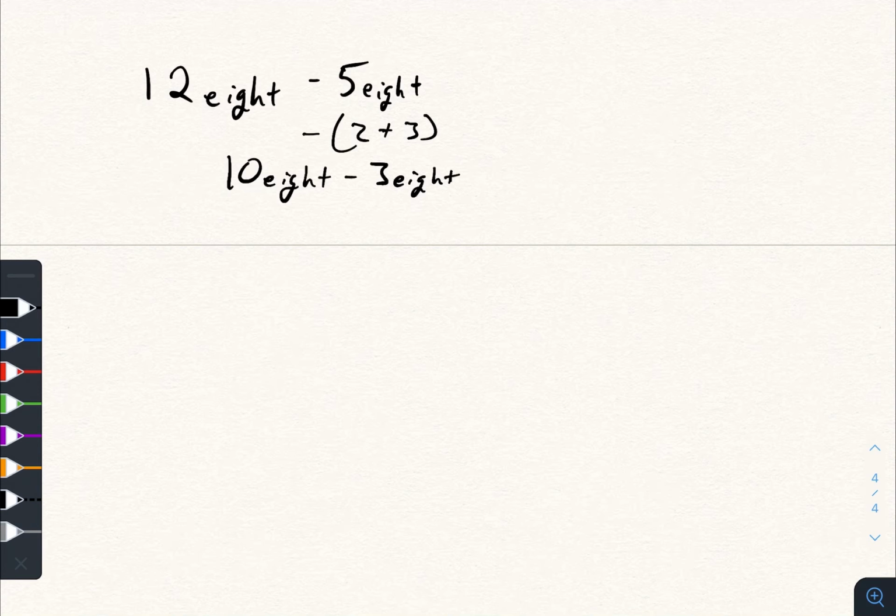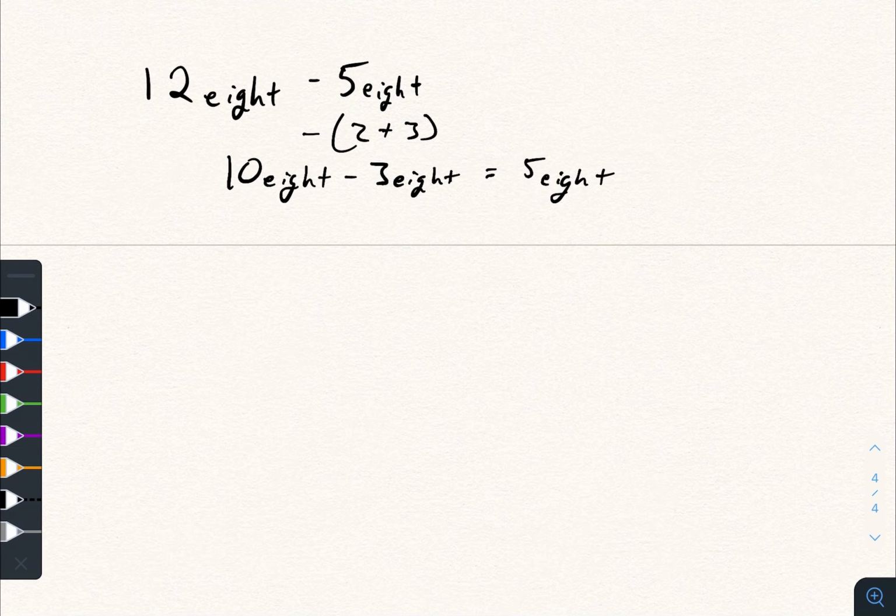And if I have 10 base 8 things and take away 3, I'm going to be left with 5 base 8 things. Because, you know, to us, this is one group of 8 minus 3. 8 minus 3 is 5. You can think of it that way.